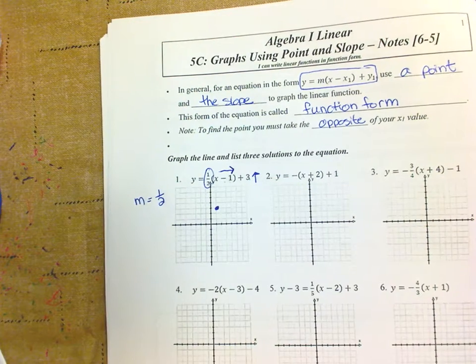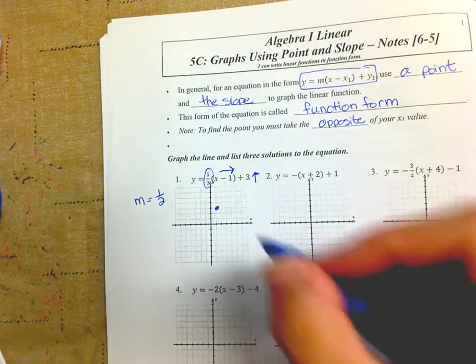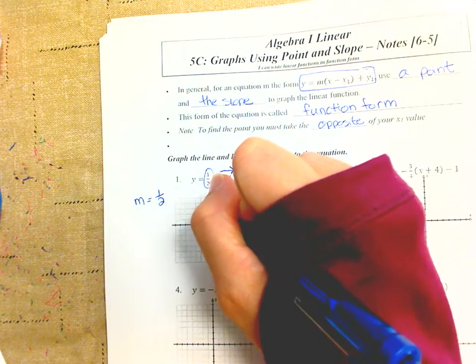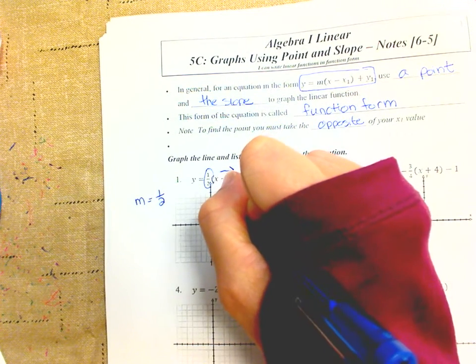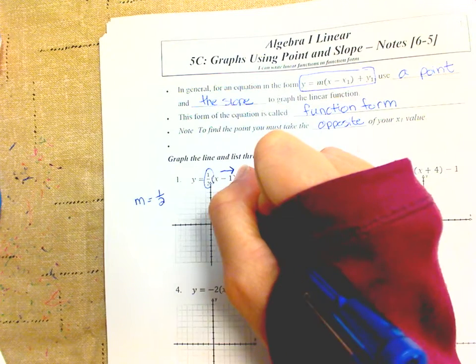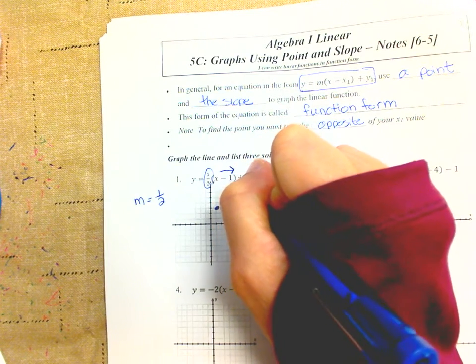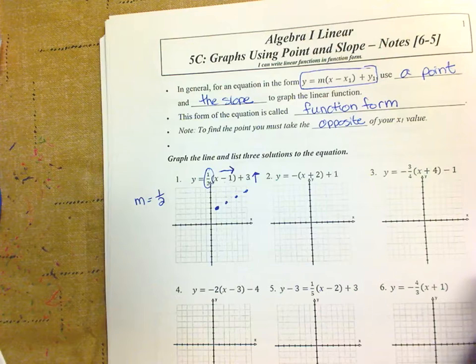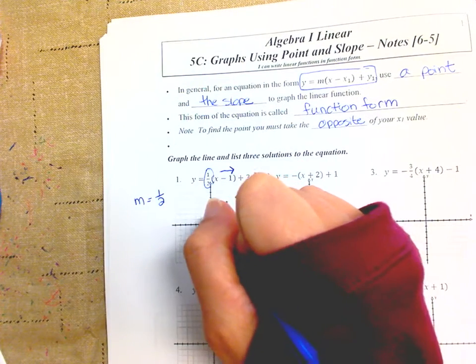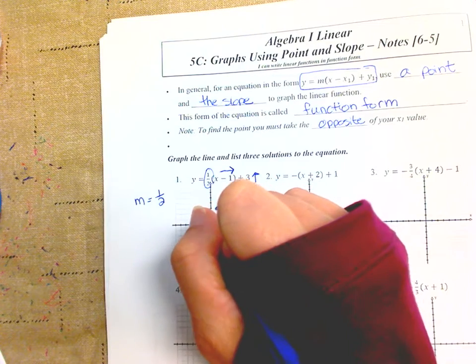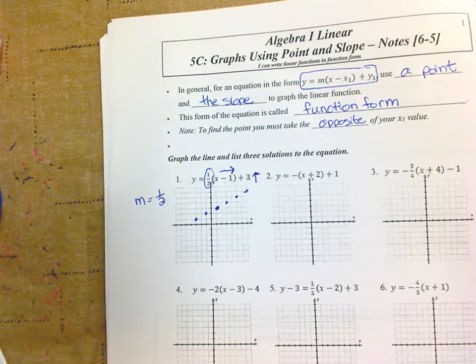That's where we are starting. And then from there, you're going to do your slope. So rise over run, 1/2, up 1, over 2, up 1, over 2. And of course, you can continue the line down and to the left by going down 1, back 2, down 1, back 2. There you go.